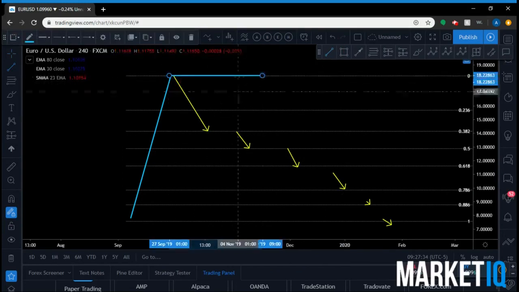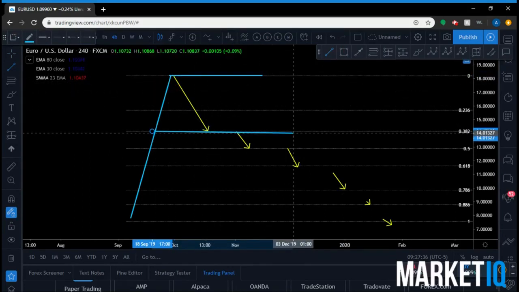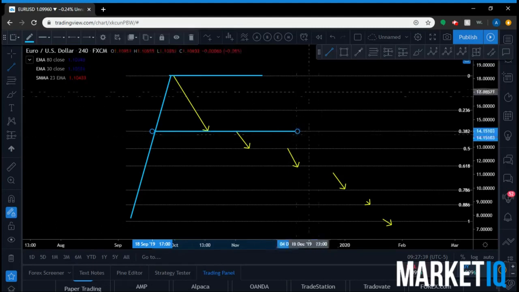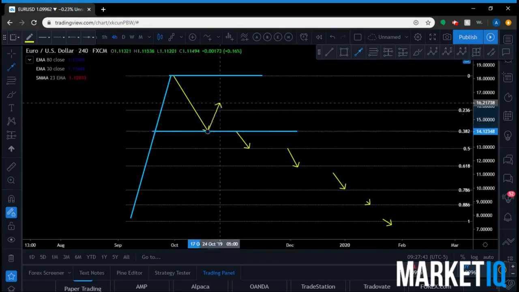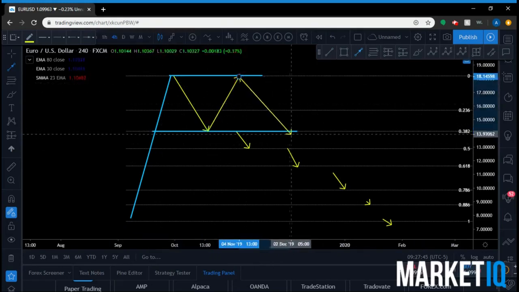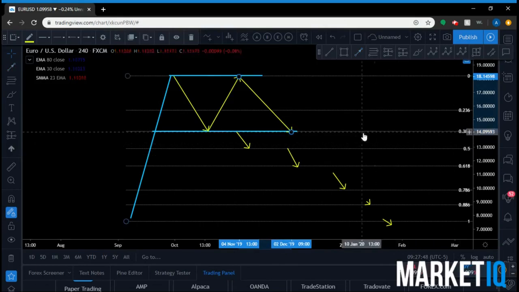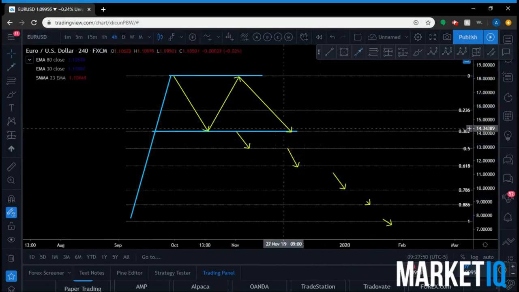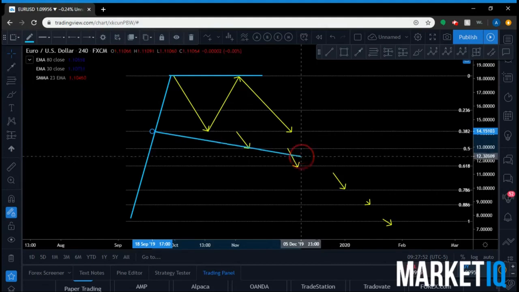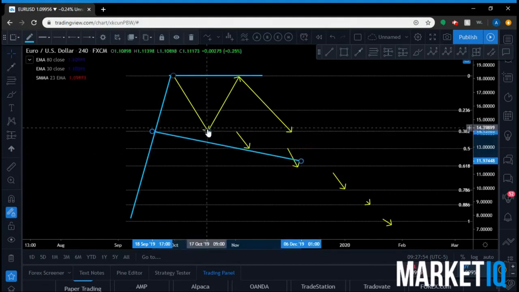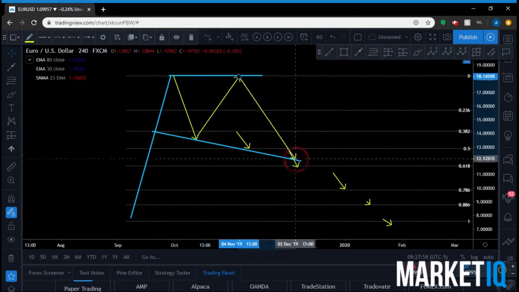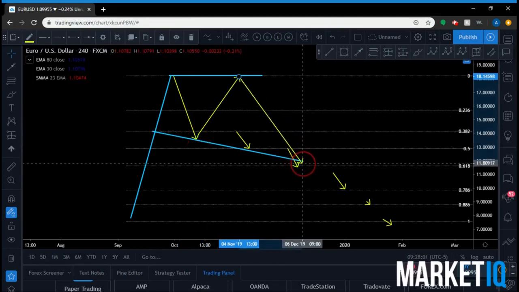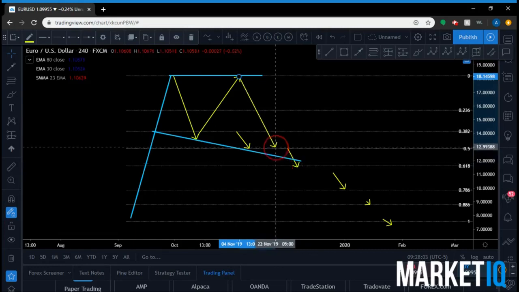So in general, and this is just something to supplement your pattern knowledge, your flat corrections typically retrace to the 0.382. Your expanding triangles are typically going to retrace to the 0.618 or the 0.5.